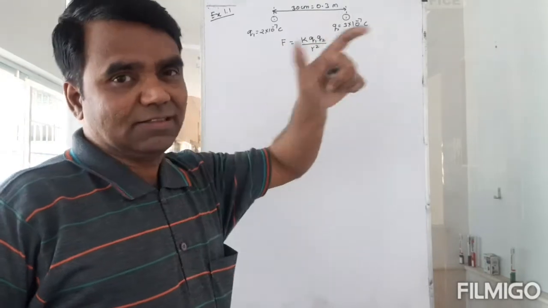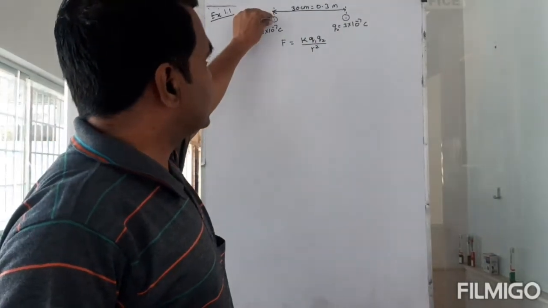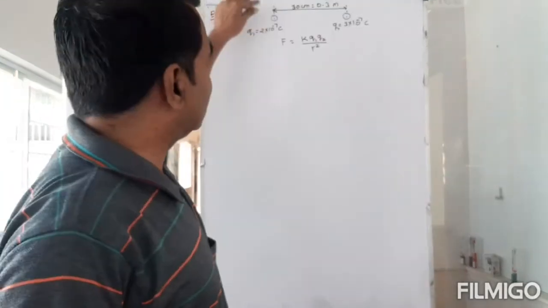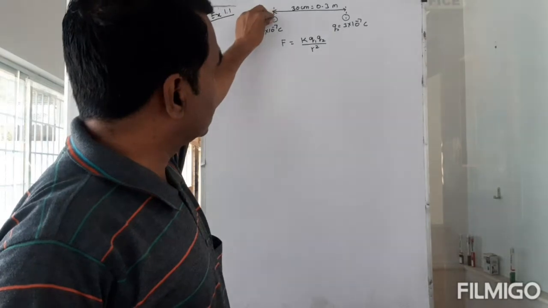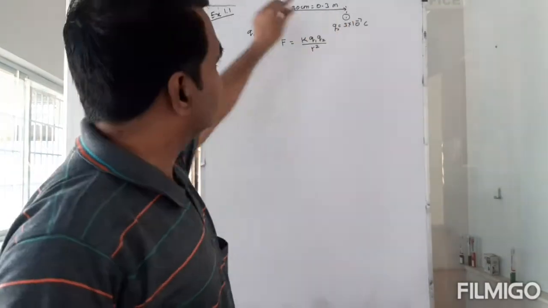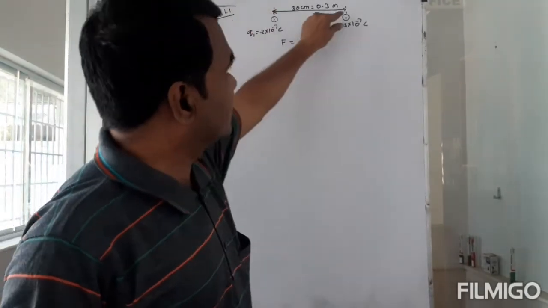But what have you seen last? For all the points which lie outside the sphere, you can treat the charges on the sphere to be concentrated at the center, right? So for all these charges, this will act as a point charge, and for all these charges, this will act as a point charge.